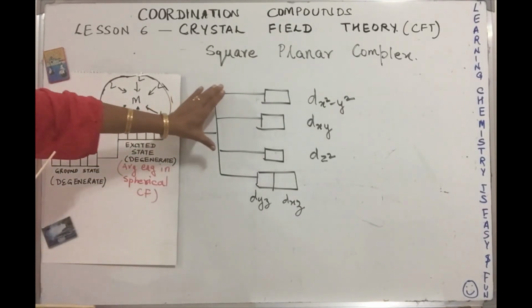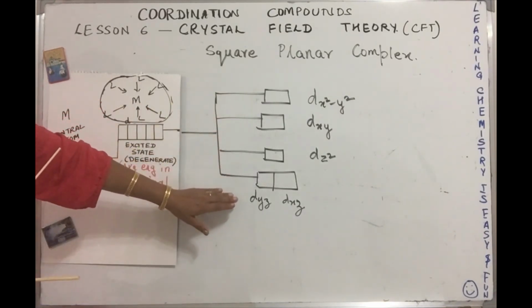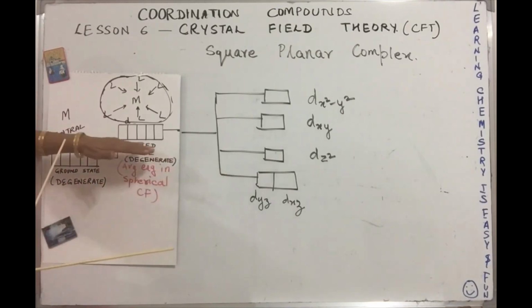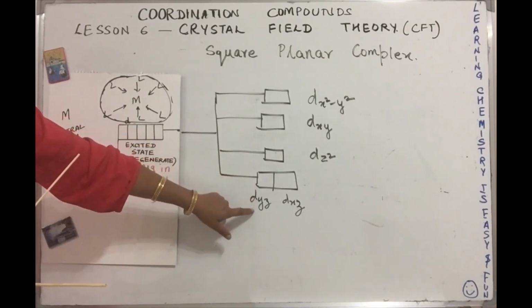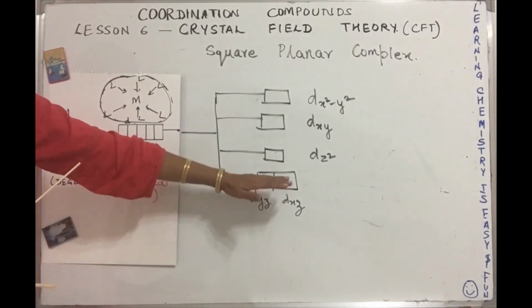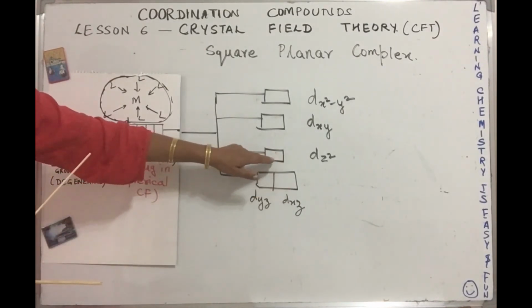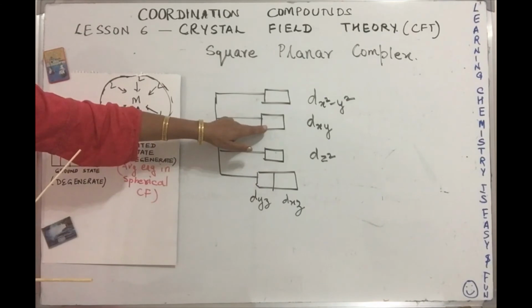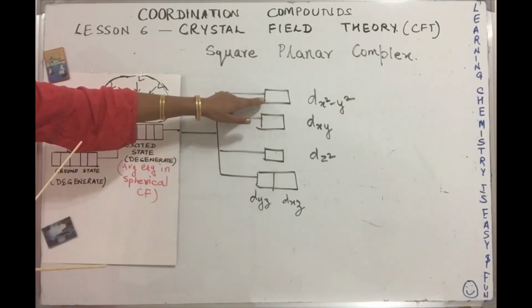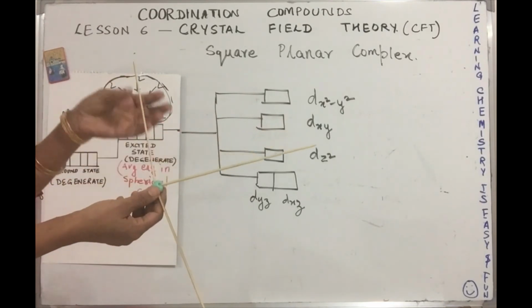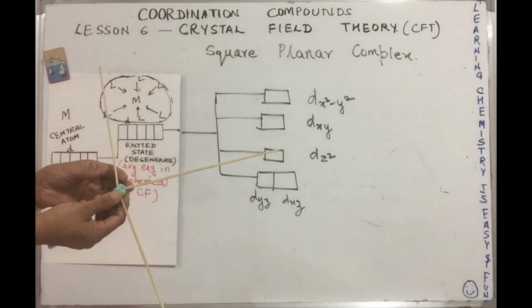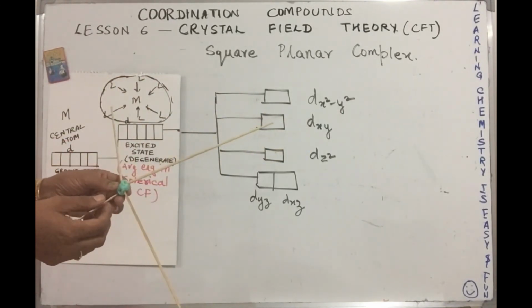But I have depicted over here the splitting of the d sublevel into the orbitals dyz, dxz forming the base, dz square, dxy and dx2-y2, right? Because you can very clearly see that the ligands are approaching along the axis, right?